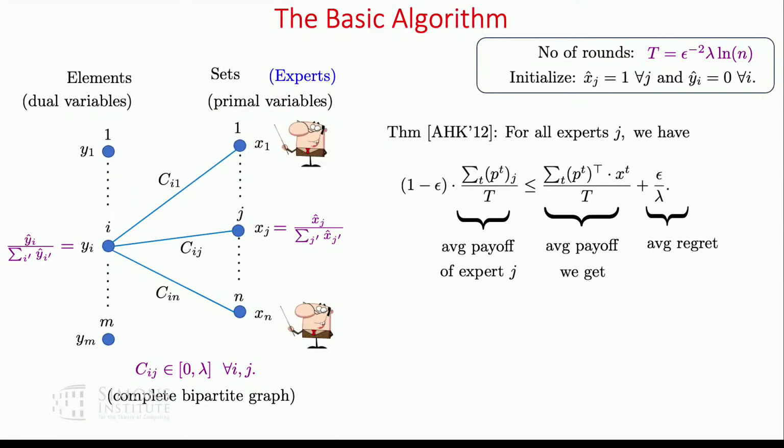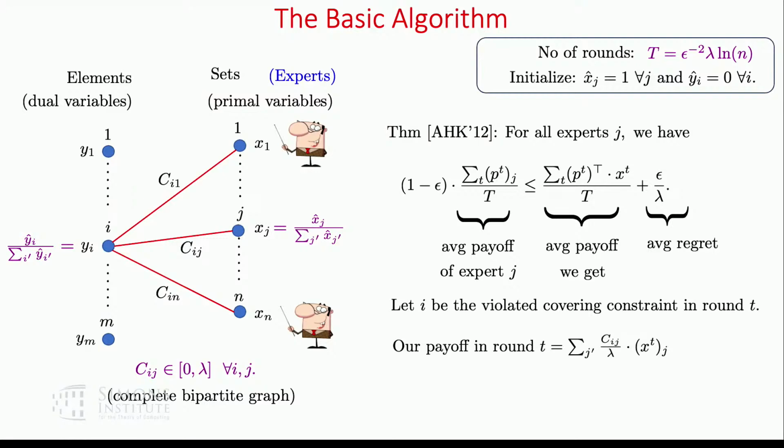If you now look at the average payoff we get, what can we say? Fix any round t. Let I be the violated covering constraint at round t. So what is our average payoff? Just by definition, in round t, just look at those highlighted edges. That's the violated covering constraint.